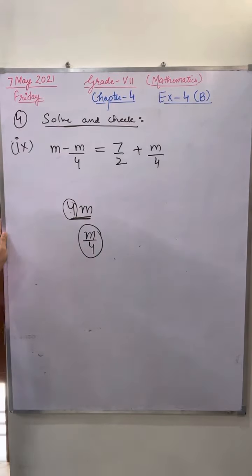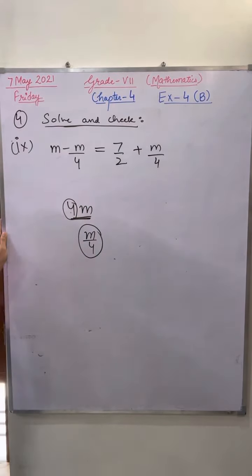The rule is always this. Whatever equation you have, suppose 2x plus 1 is equal to 3x plus 5, how do you solve the equation? You always shift your variable to the left hand side, 2x minus 3x, and constant to the right hand side, 5 minus 1.